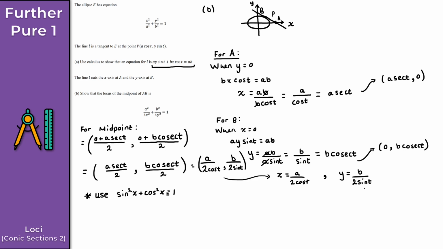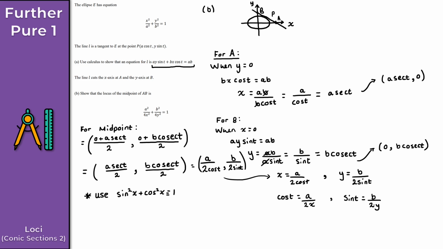Making cos t the subject, what would that give me? So cos t x is equal to a over 2, divide through by the x. So cos t is equal to a over 2x. I'm doing the same for sine t. Sine t is equal to b over 2y.